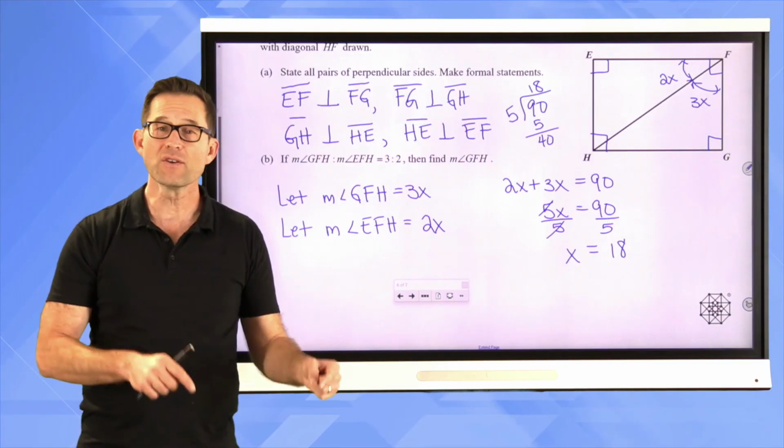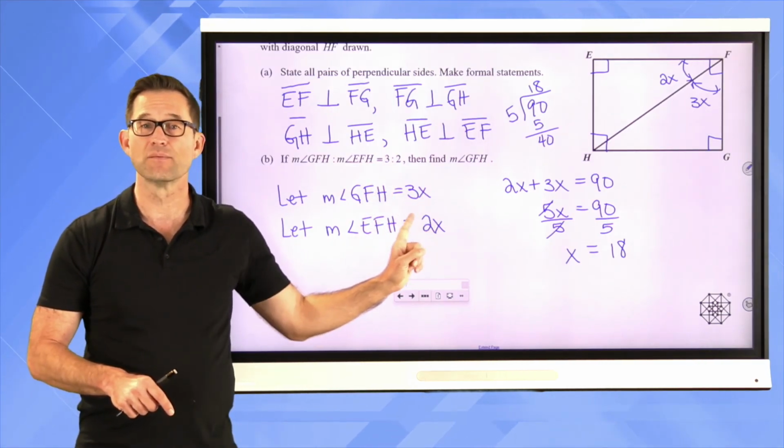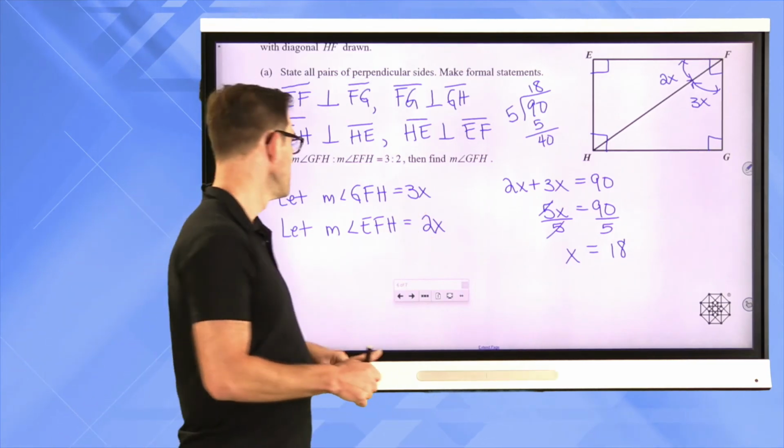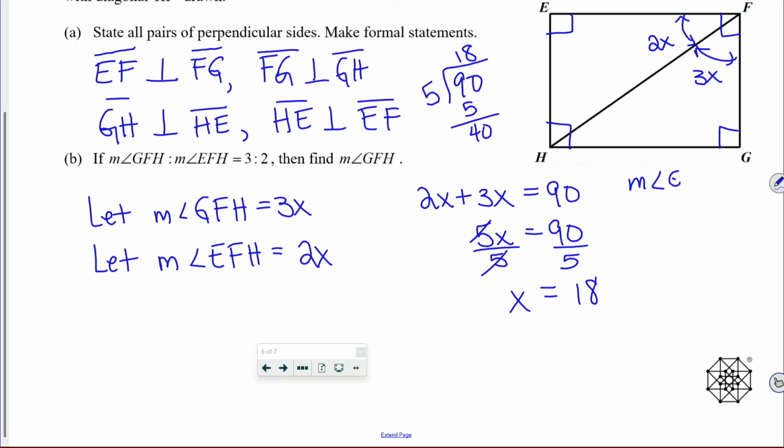To figure out the measure of angle GFH, what I want to do is now take x and substitute it into this. So, the measure of angle GFH is going to be 3 times 18, which is 30 plus 24, which is 54 degrees.